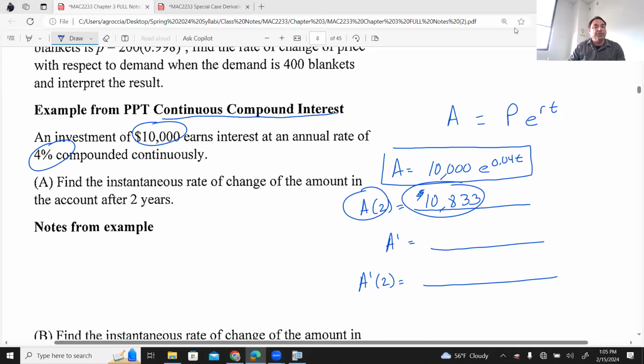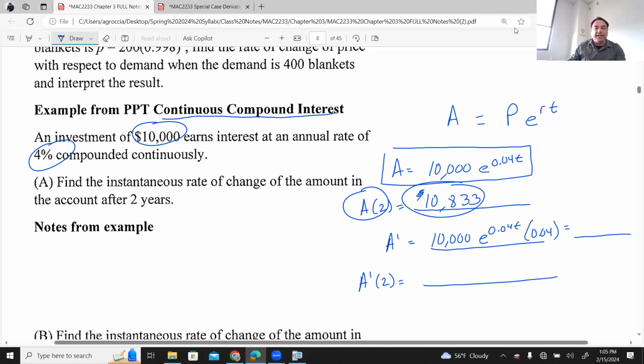And to take the derivative, we go to our sheet, we look it up. The 10,000 stays in front. How do you take a derivative of an e? Step 1, rewrite it. Step 2, derivative of the exponent, which is 0.04. Stop there. Yes, that is a complete answer. But the point of simplifying is this can be rewritten a little bit easier.